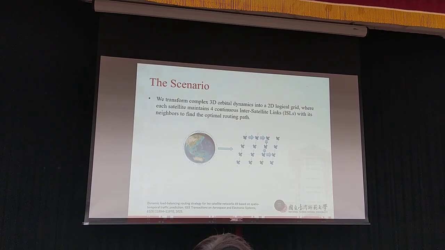To tackle this, we mathematically model the complex 3D orbital dynamics as a 2D logical grid. Each satellite acts as a node maintaining 4 continuous inter-satellite links with its neighbor. Our goal is to dynamically find the optimal routing path within the least shipping grid.